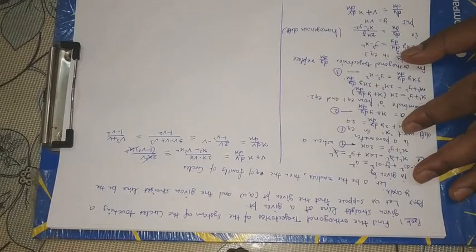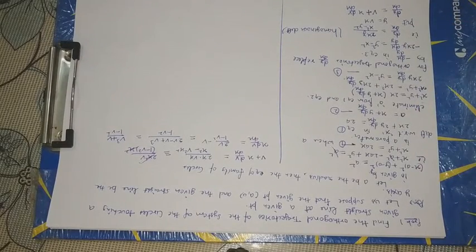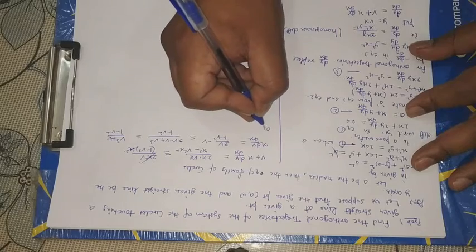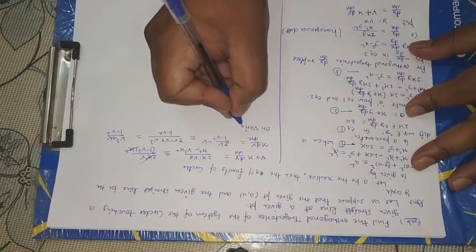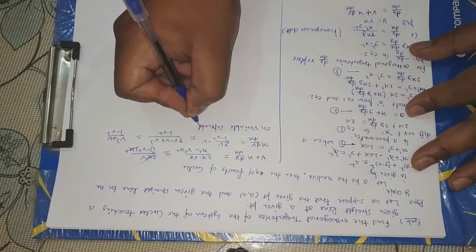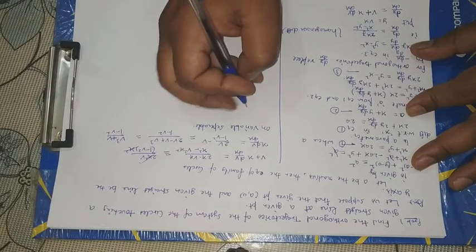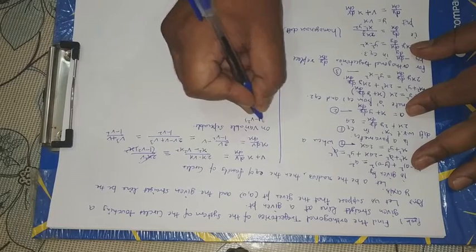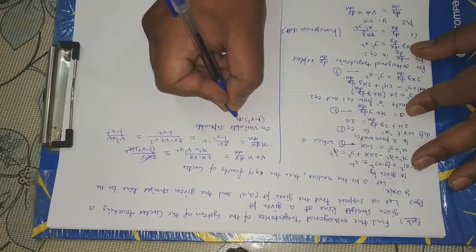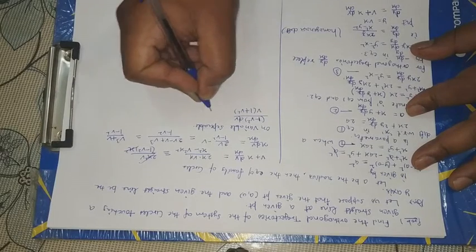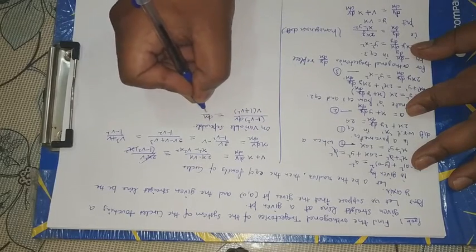Okay student, now by variable separable, (1 minus v square) dv upon v into (1 plus v square) equal to dx upon x.